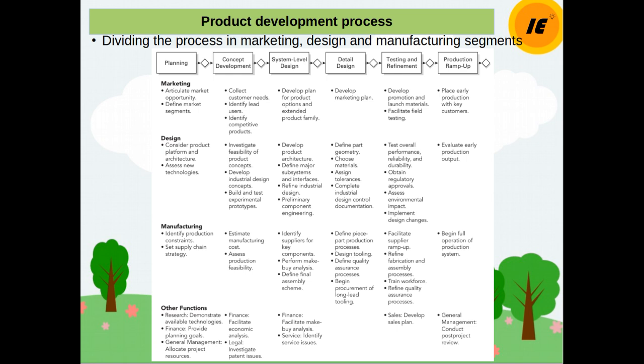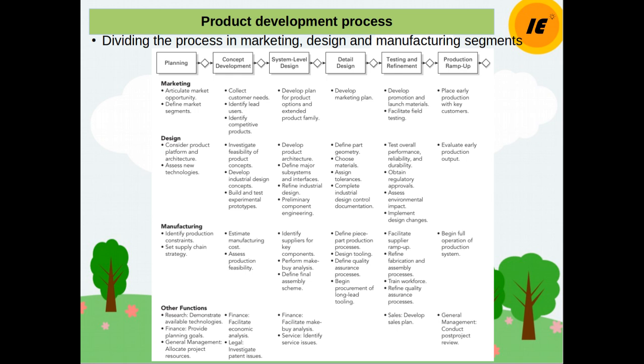And design certainly, the design people, that means the scientists and engineers, their work is intensive till the production phase. In testing and refinement, and to some extent detailed design, the core group of people will be different.